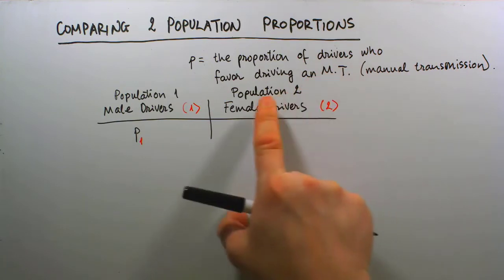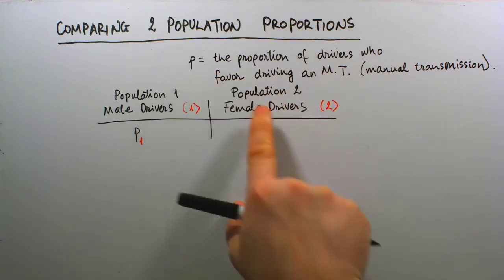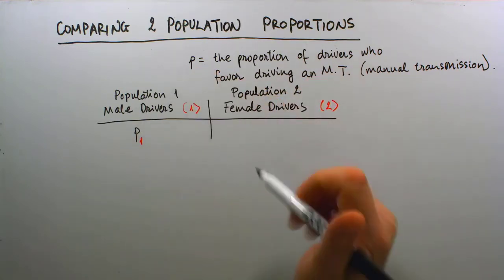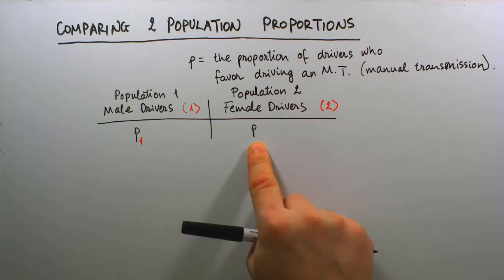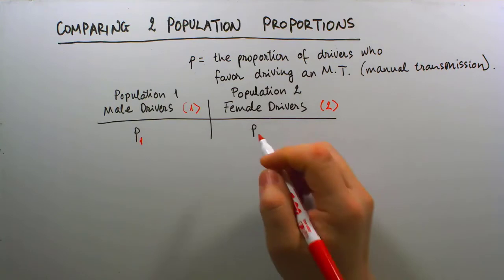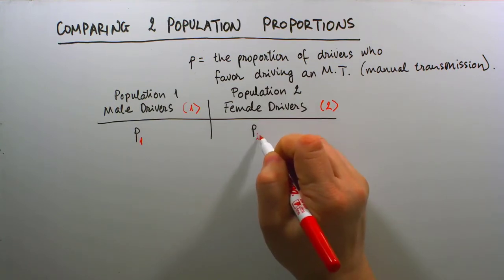Similarly, this same population proportion of drivers who favor driving a manual transmission, if we're studying that within population 2, is a lowercase letter p for population proportion, but now I would assign a subscript 2 for that.